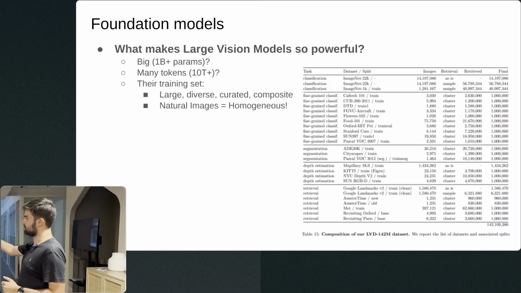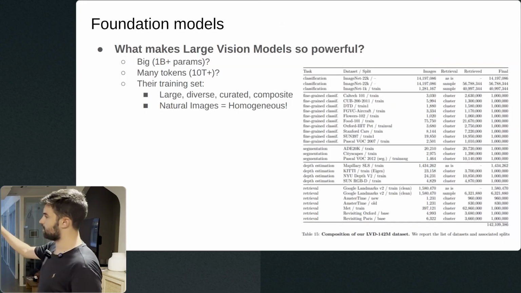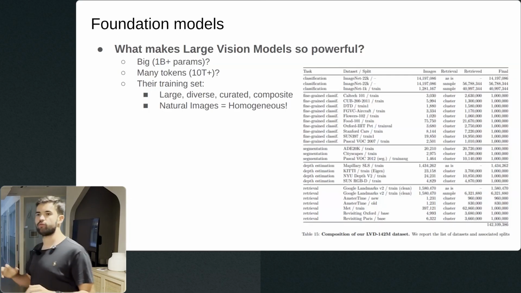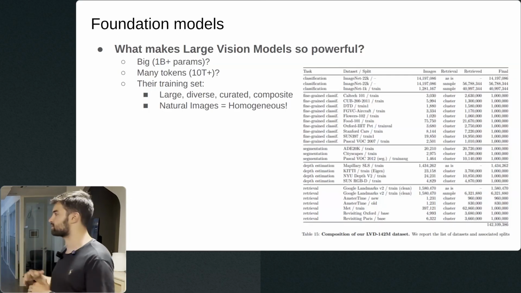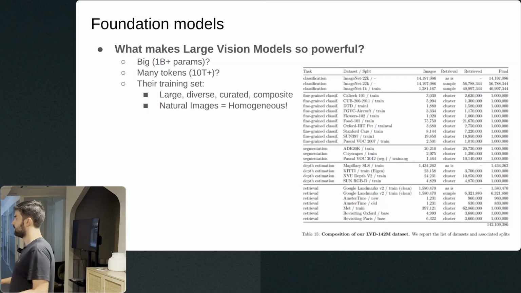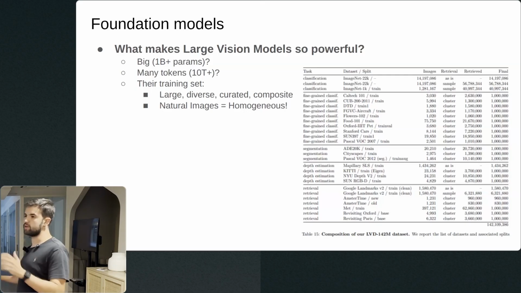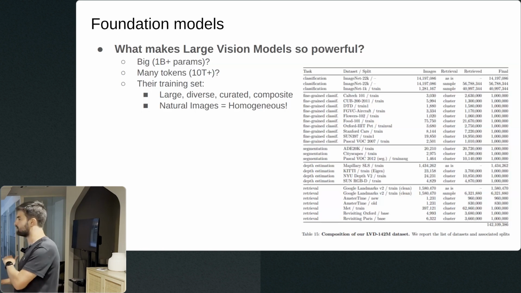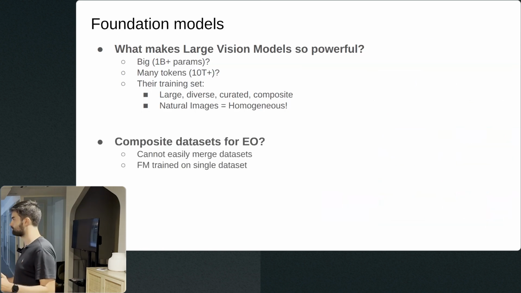As you see, this is the training data set of DINOv2. It's also a composition of a lot of different things to have the most diverse training set possible. But all of this is really easy because it's natural images. Natural images are homogeneous. You can easily merge different data sets.